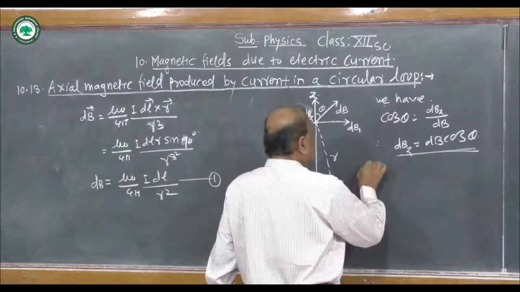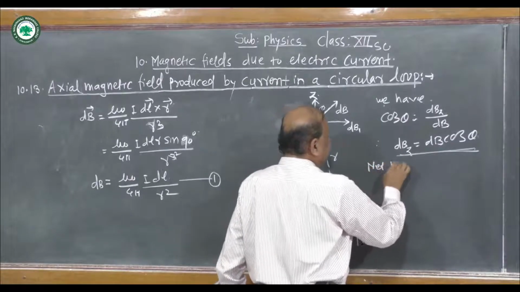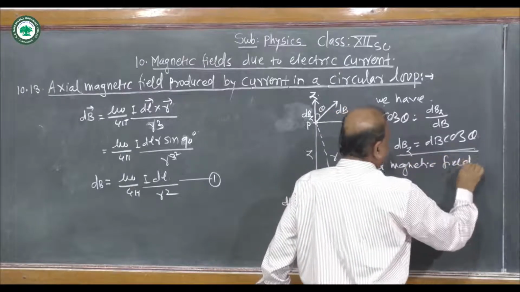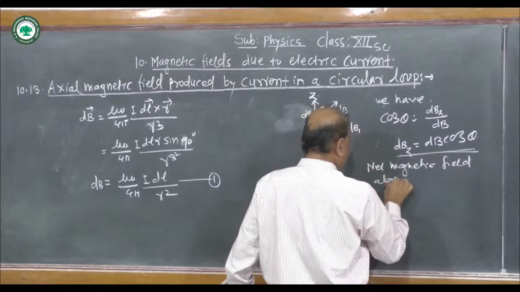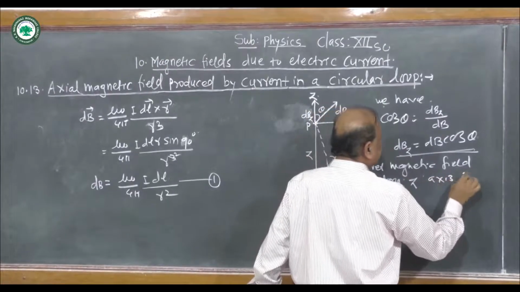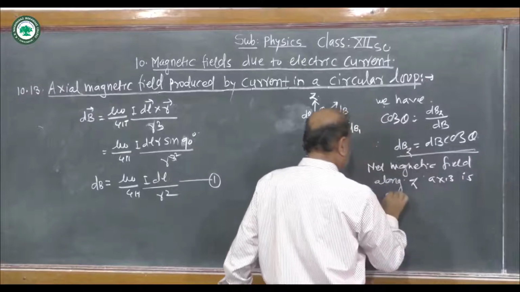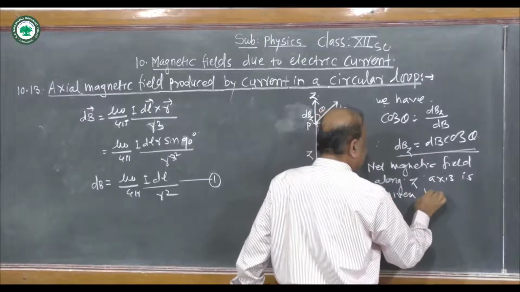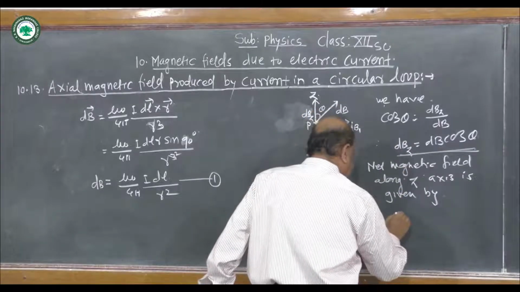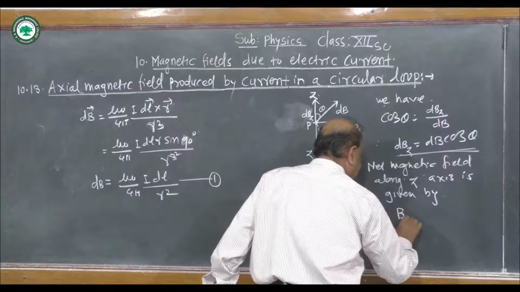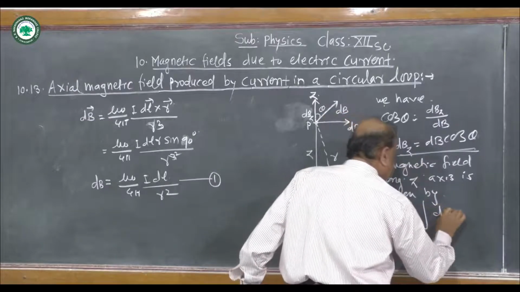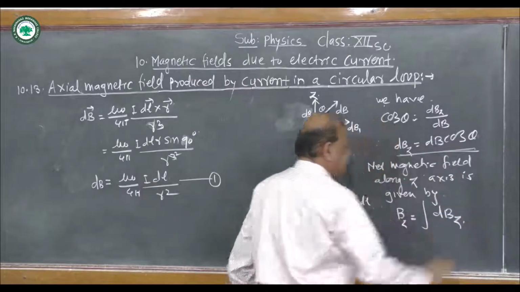And so the net magnetic field along the z axis is given by the integration of this equation, that Bz is equal to the integration of dBz.